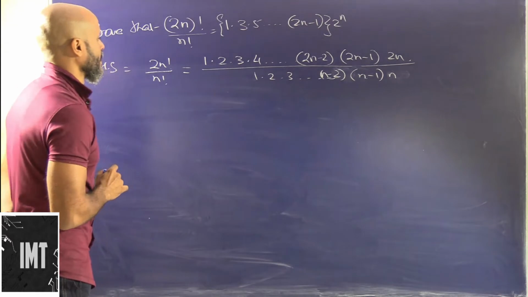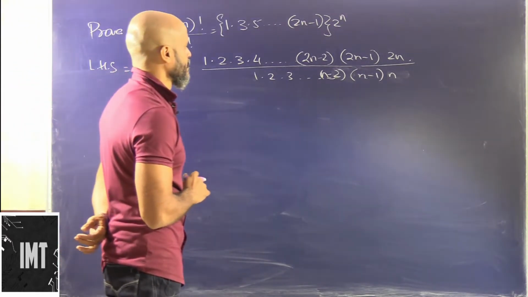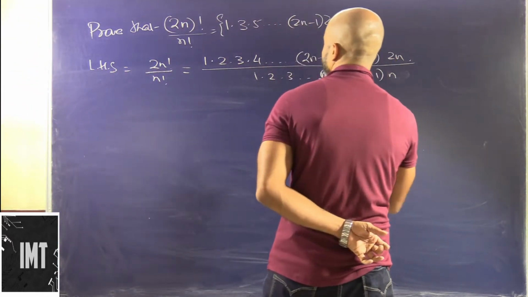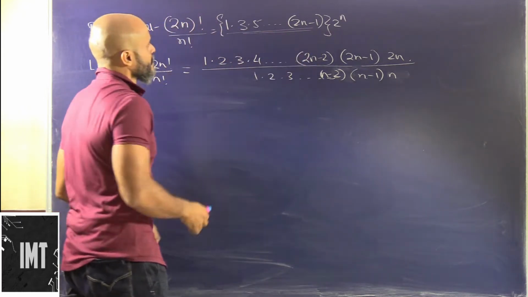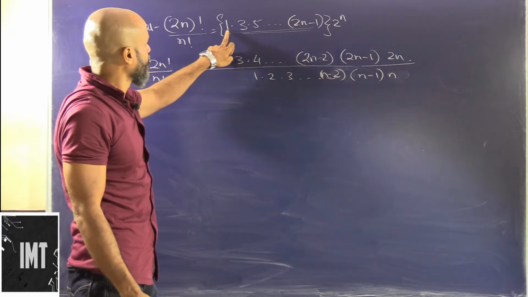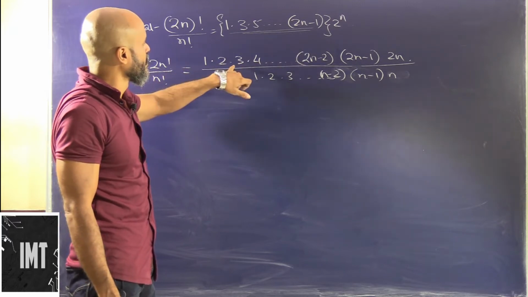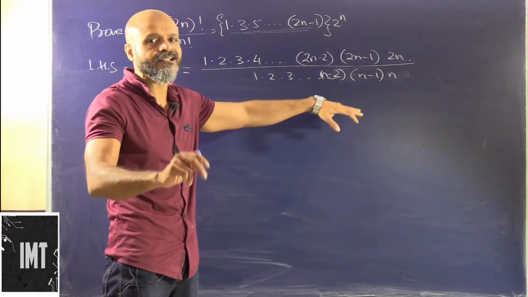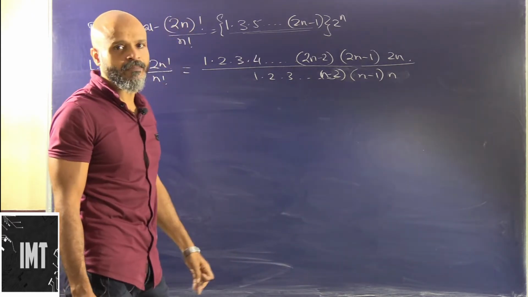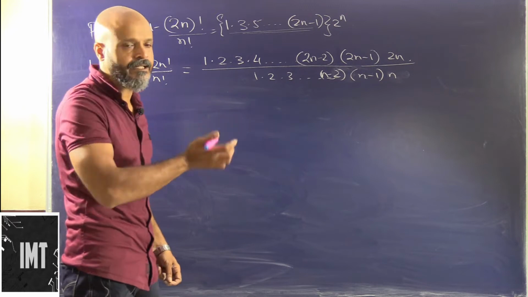If we notice here in the RHS, it's even numbers. In this, of course, all the numbers are combined. So let's segregate the odd and even. Only then we will be getting close to something that is there in the RHS.